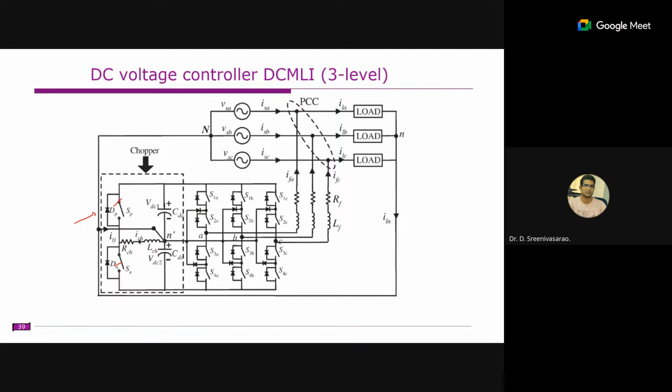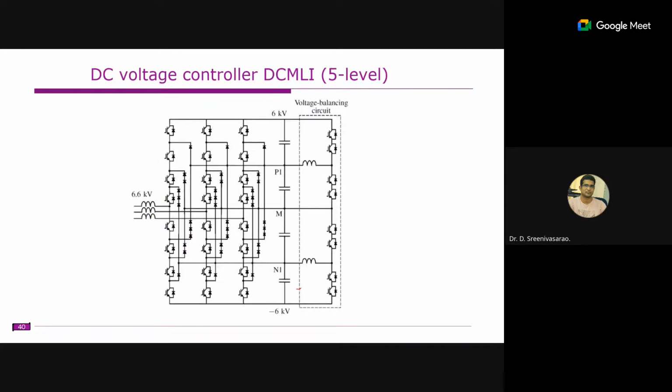For example, this is off, so there is a chance that it is supposed to block more voltage. That means this switch is supposed to block this inductor voltage as well as the capacitor voltage, so that extra voltage is supposed to be blocked.